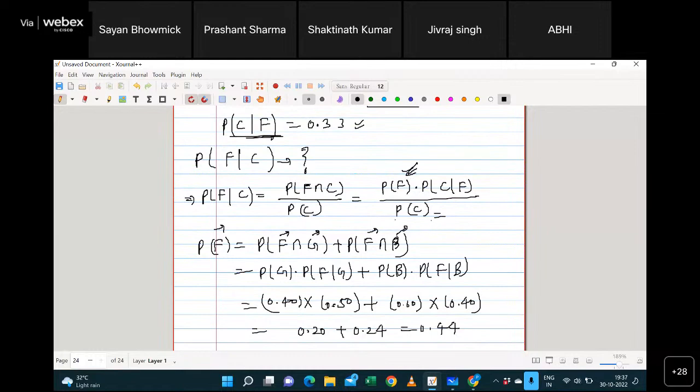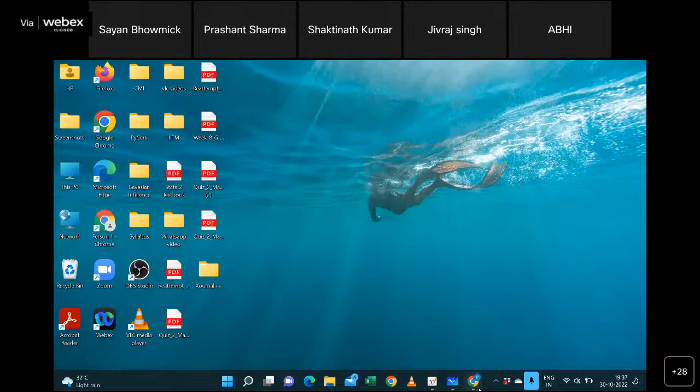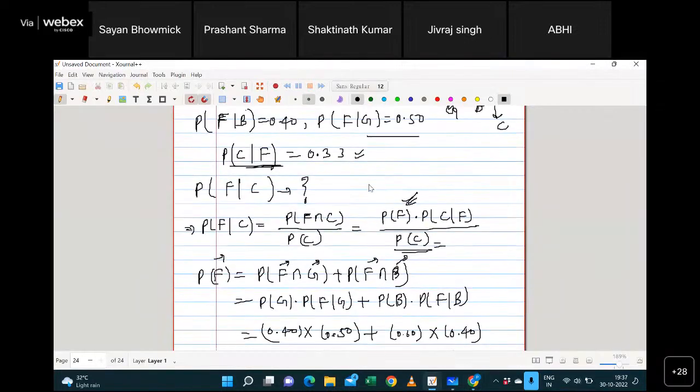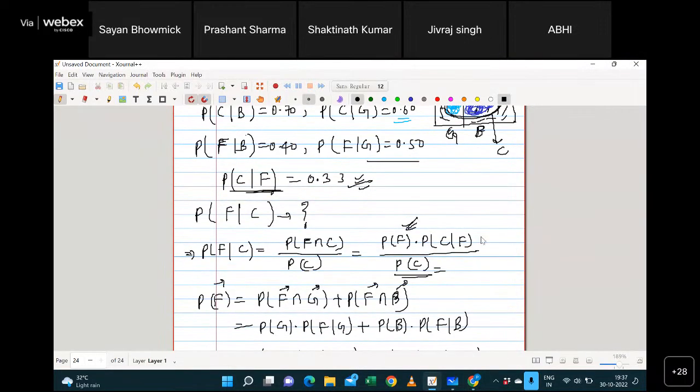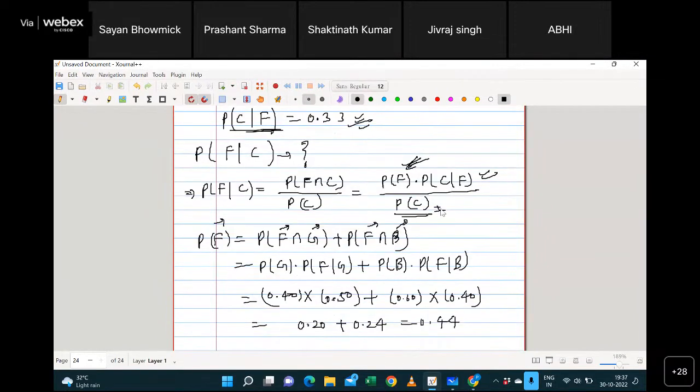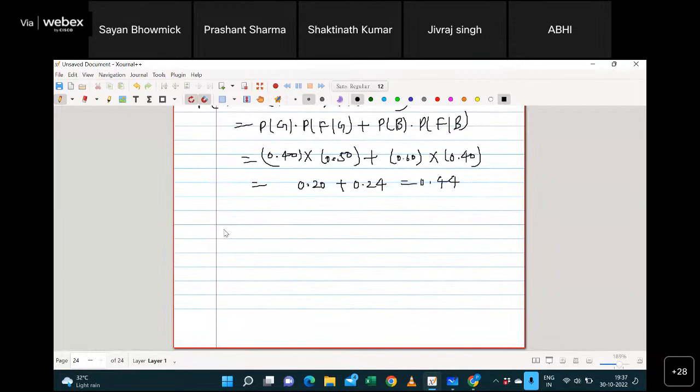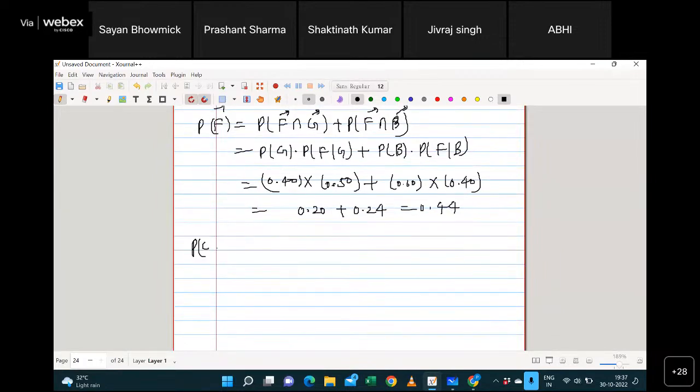Now we need to find the probability of C. Probability of C given F is given; this quantity we know, and this one we have calculated. Now we need to calculate the probability of C. How can we find it?